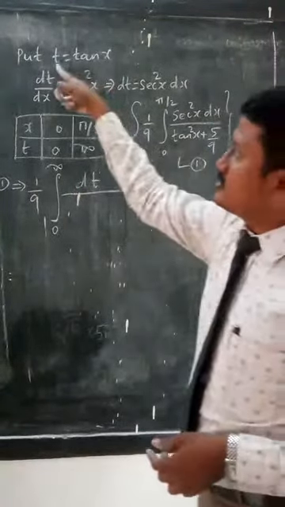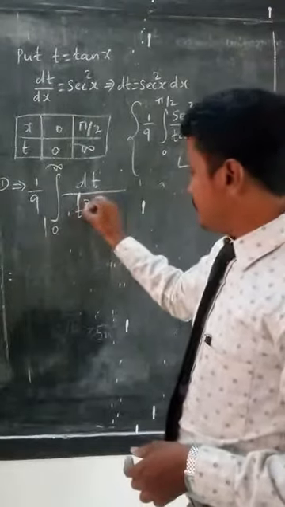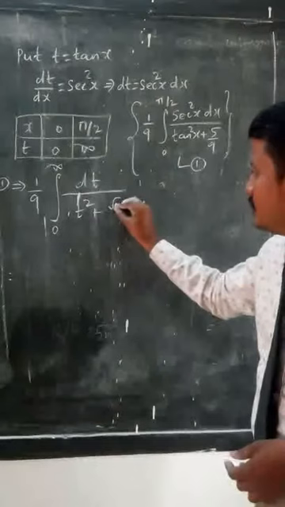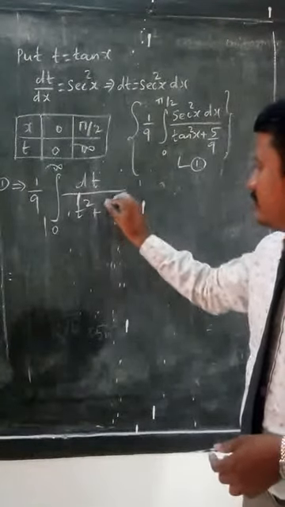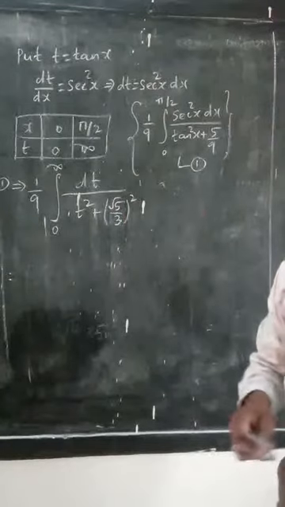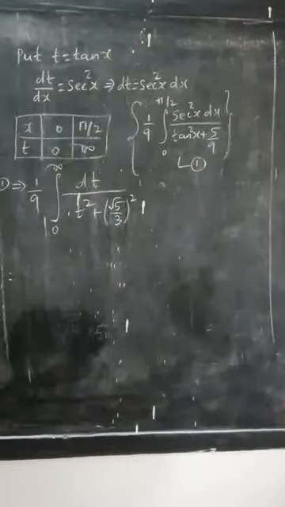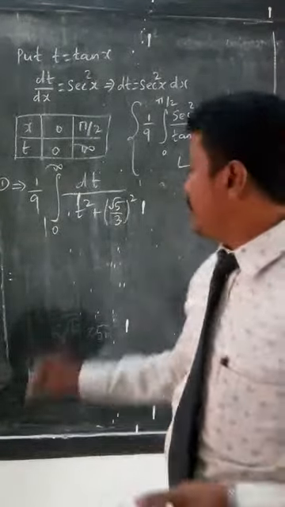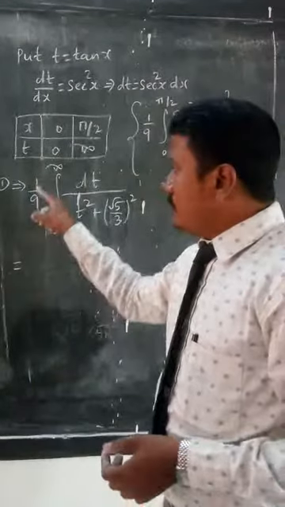Tan x is taken as t, so this will be written as t square plus 5 by 9. I am going to write that as root 5 by 3 the whole square to match the formula. What is the formula? The integral of dx by x square plus a square is equal to 1 by a tan inverse x by a. So outside, 1 by 9 is present.